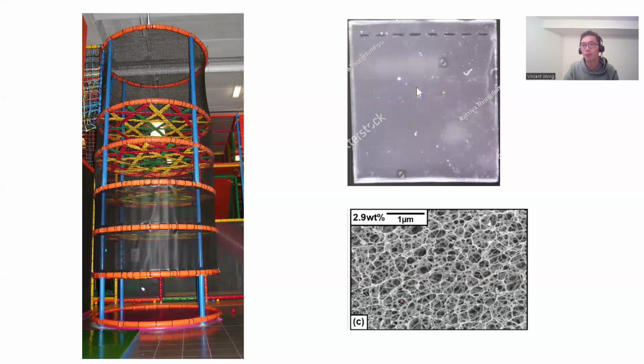So one time I took my kids to this playground, and they have this thing in the playground. I don't know if you guys have seen this before, okay? You're supposed to get in from the top, and I guess you weave your way through these networks and try to get to the bottom, right? My daughter wanted to challenge me and said, let's see who can get to the bottom the quickest.